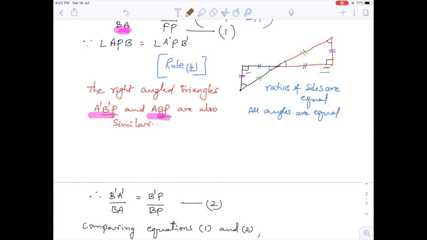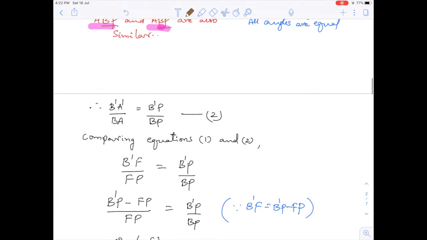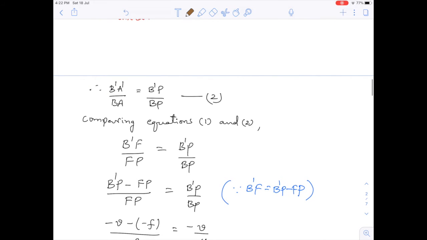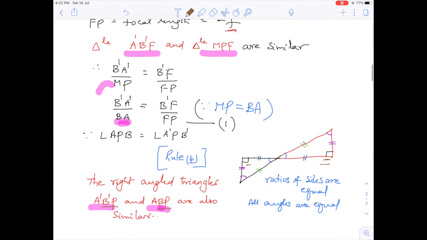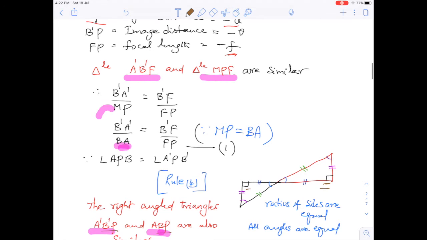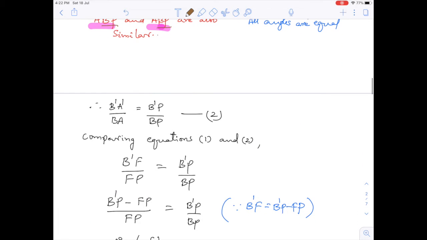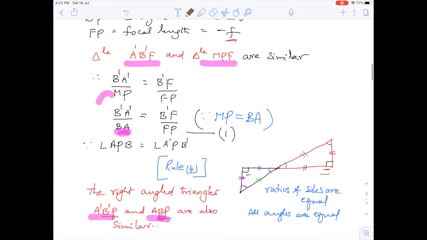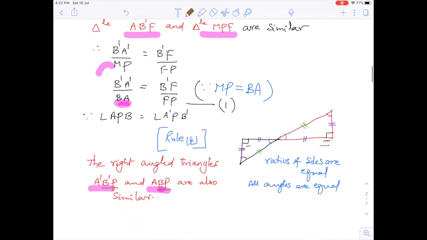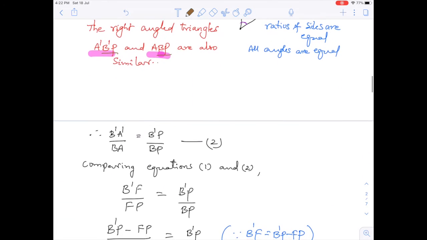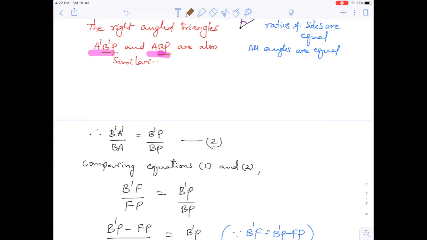That gives you equation 2. Comparing equations 1 and 2, how do you compare? The left hand sides of equation 1 and equation 2 are the same. Therefore, you can equate the right hand sides of the two equations. So B dash F by FP is equal to B dash P by BP.